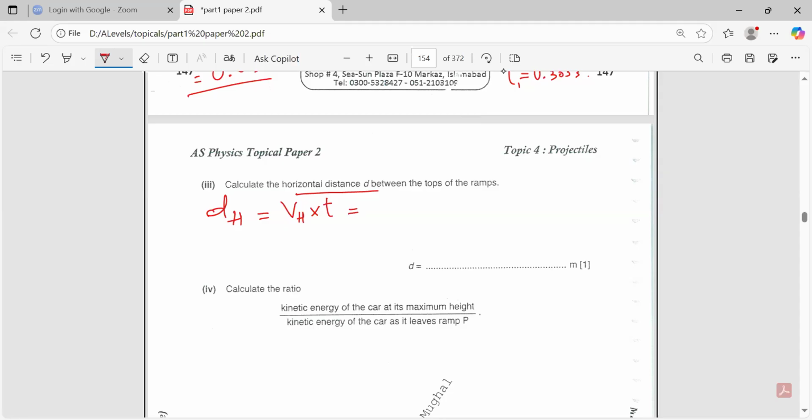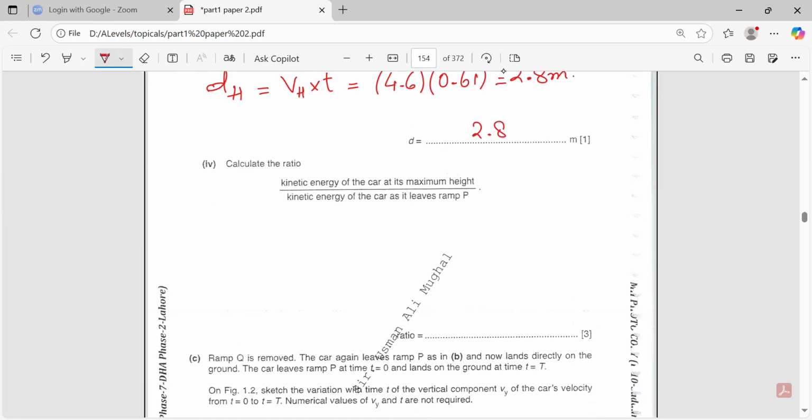The horizontal velocity, which was in fact given to us in the question, is 4.6. Our distance will be equal to 2.8 meter. So our final answer is 2.8 meter, right?